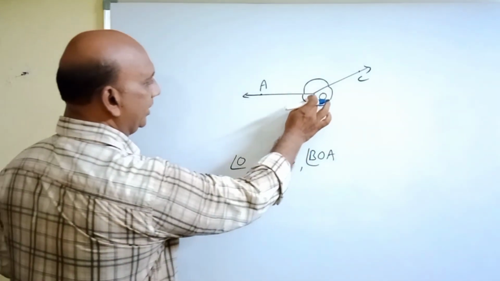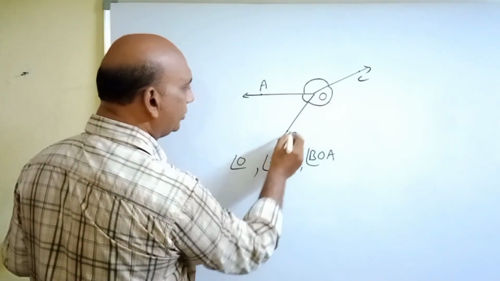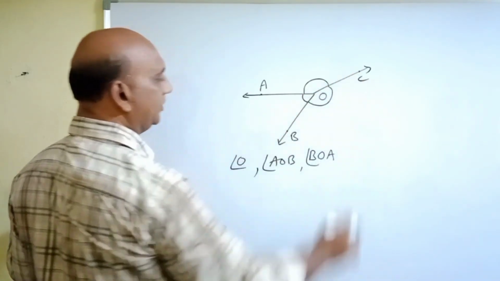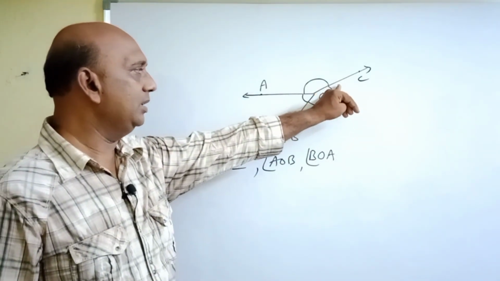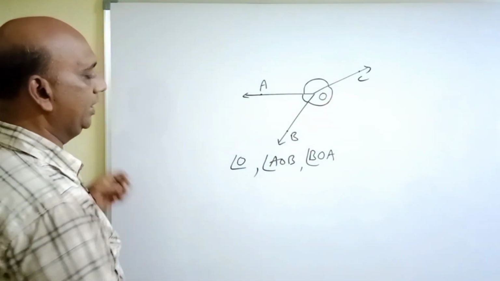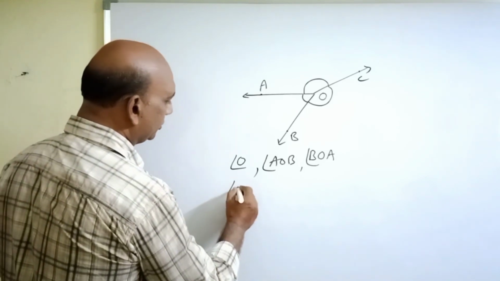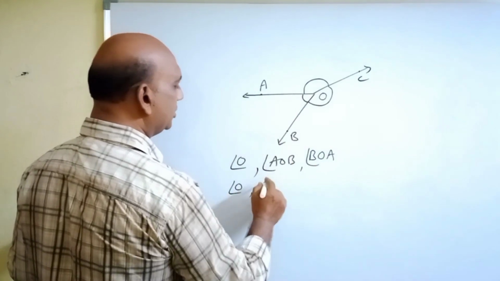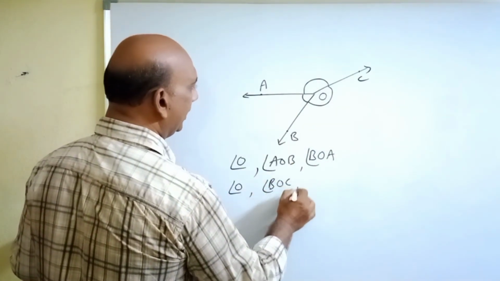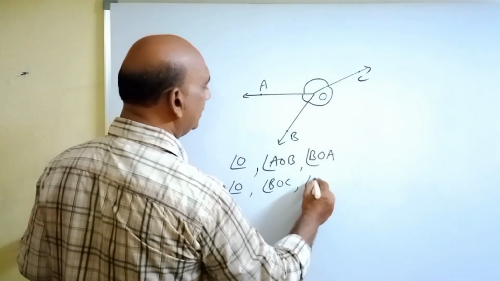And on this side, between the two rays OB and OC, the angle between these two rays can be indicated as, this is also angle O. Starting from here, angle BOC, and from this side, angle COB.